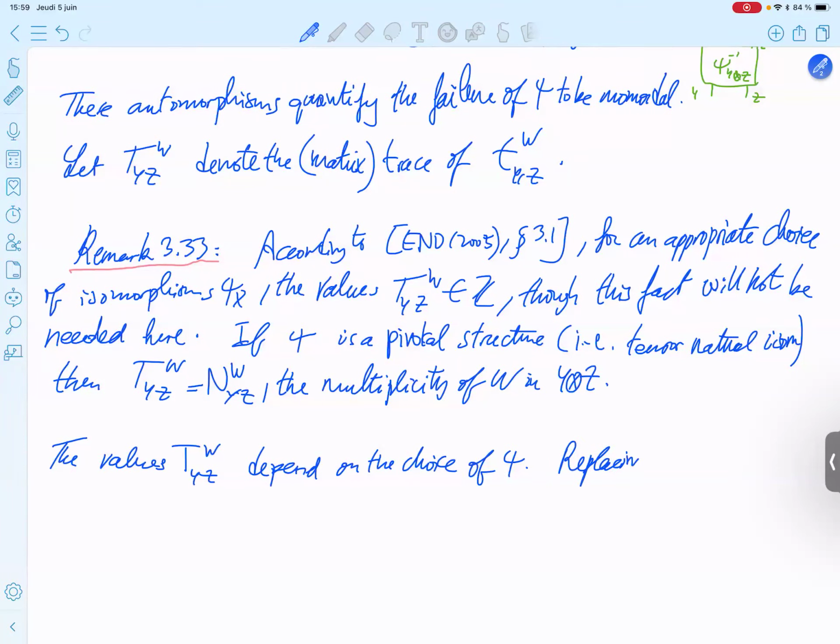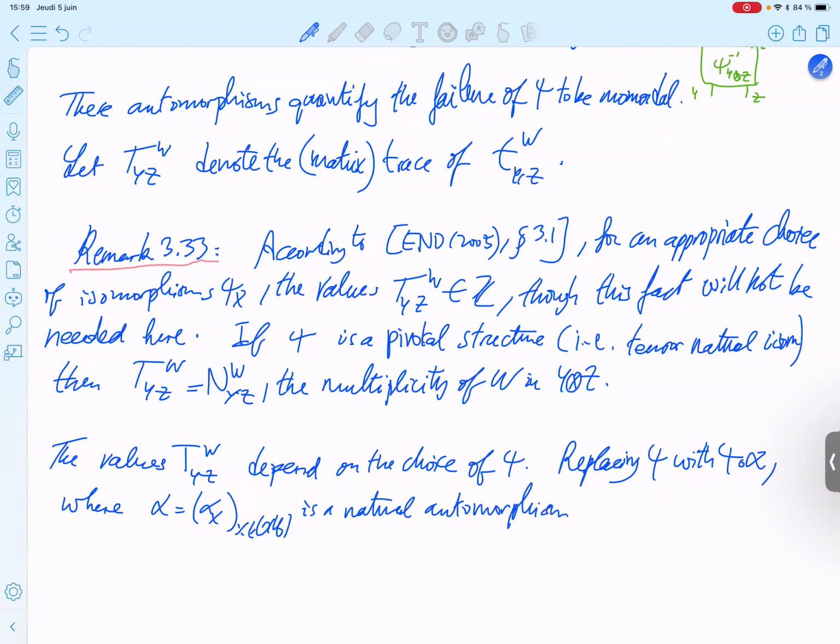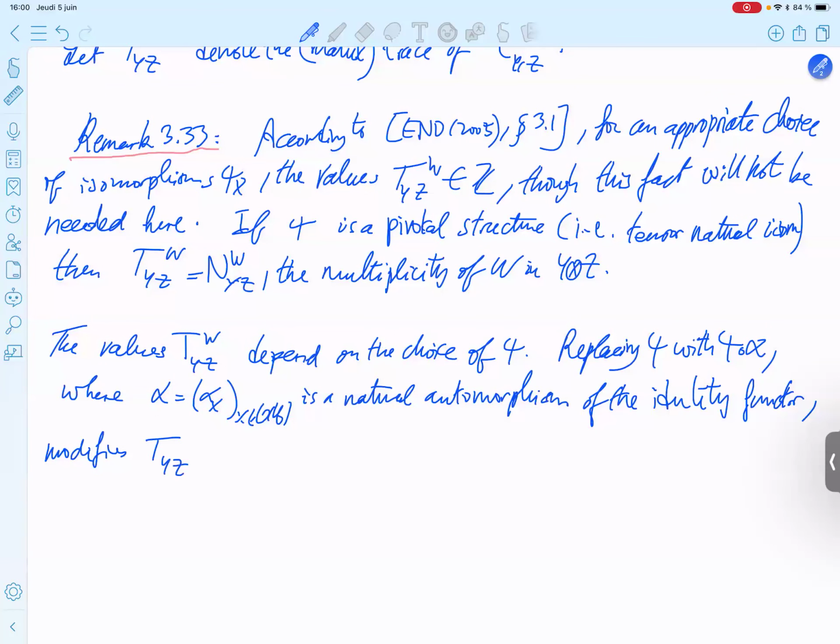If you replace phi by phi composed with alpha, where alpha is a natural automorphism of the identity functor, then replacing phi by phi composed with alpha modifies this number by a factor alpha_Y alpha_Z divided by alpha_W.